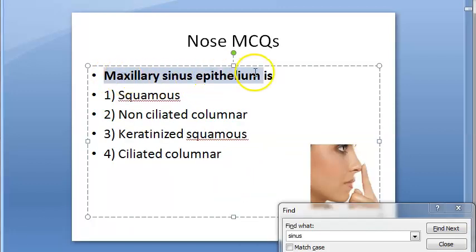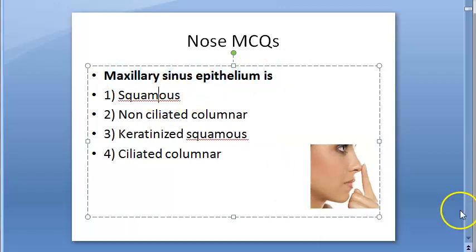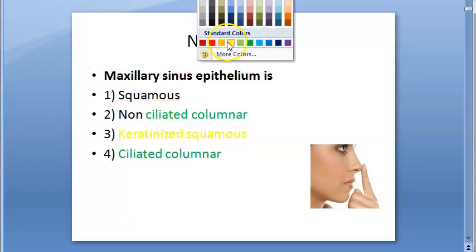The next question here is maxillary sinus epithelium is, so your options are squamous, non-ciliated columnar, keratinized squamous, ciliated columnar. Somehow ciliated columnar seems nice to me and keratinized definitely not.